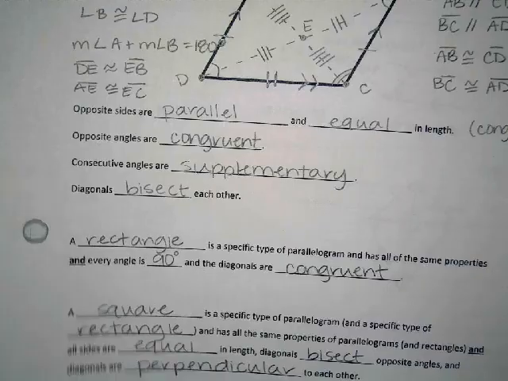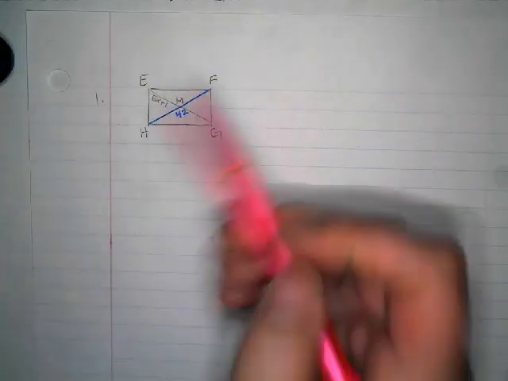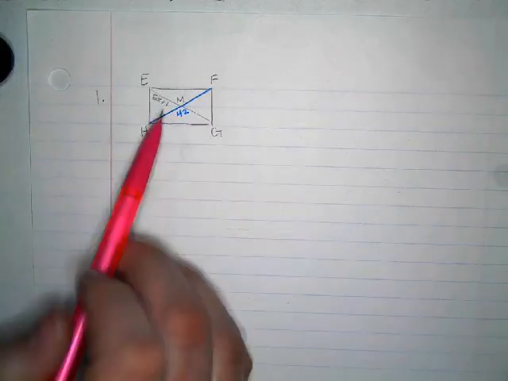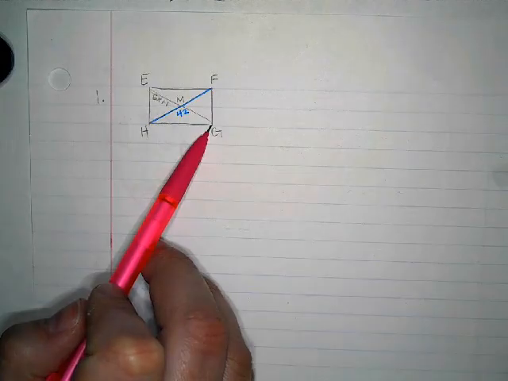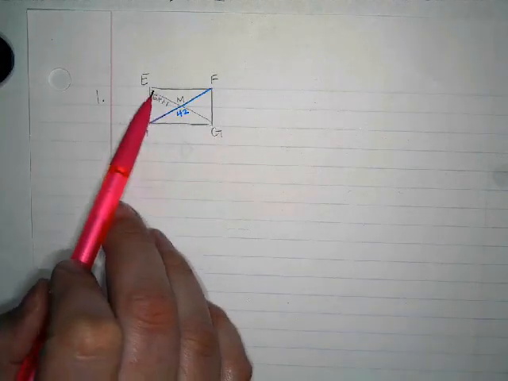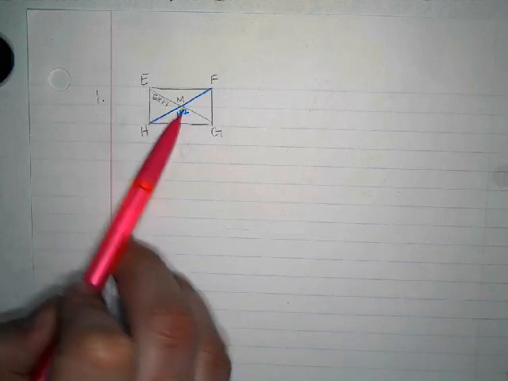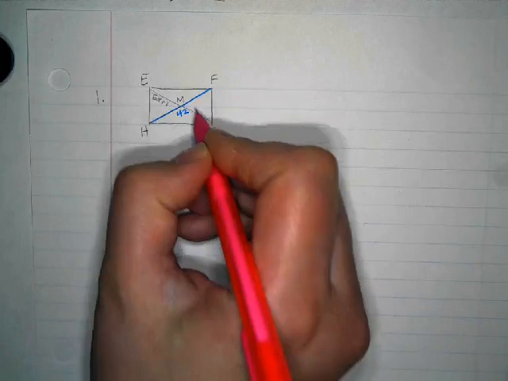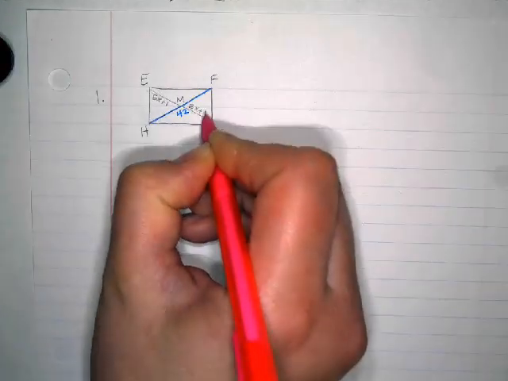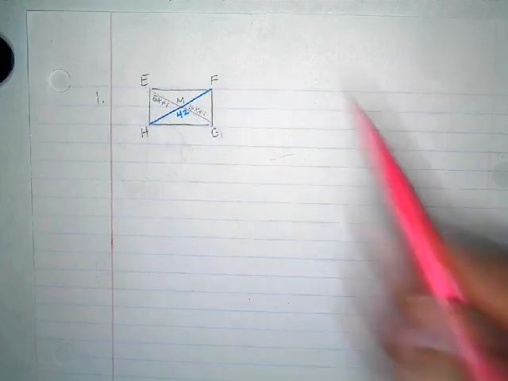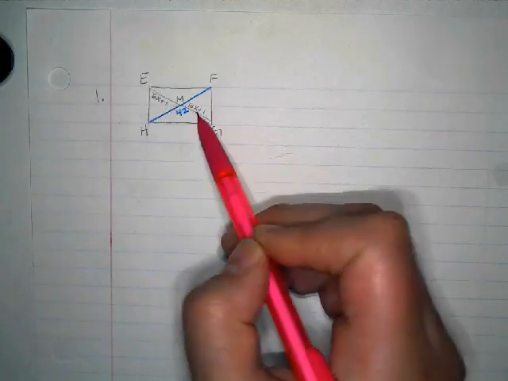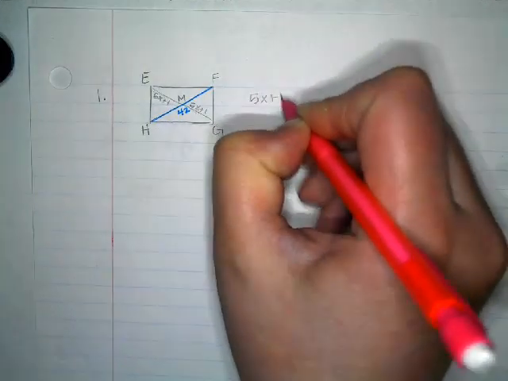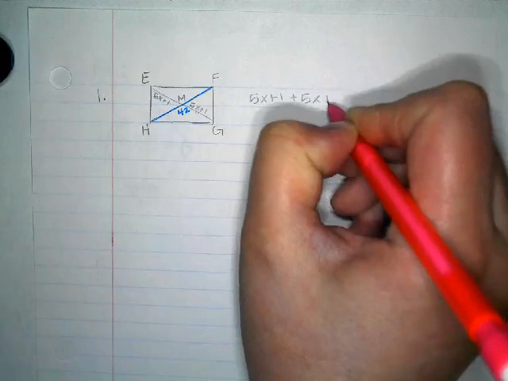So if this entire diagonal is 42, then this entire diagonal is also 42. If this half is 5x plus 1, this half is 5x plus 1 as well. I'm going to label it 5x plus 1. What are both of these together going to add up to? 42. So I'm going to say 5x plus 1 plus 5x plus 1 equals 42, and I used the properties to figure that out.